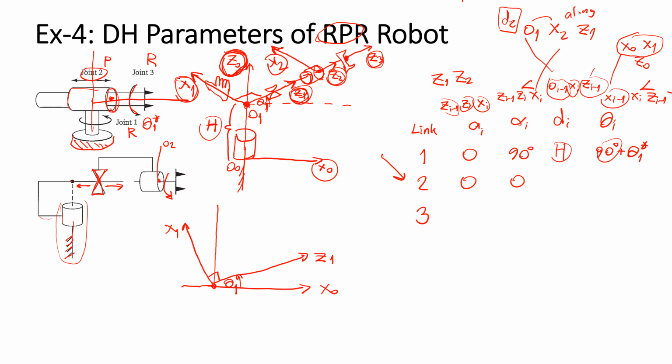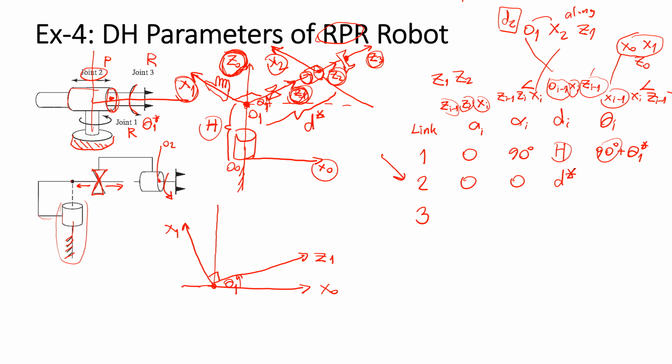So the offset is the distance between O1 to the x2 along the C1 direction, which means this distance is controlled by the prismatic joint and is a joint variable with the joint variable d.